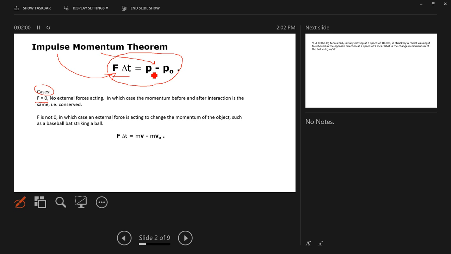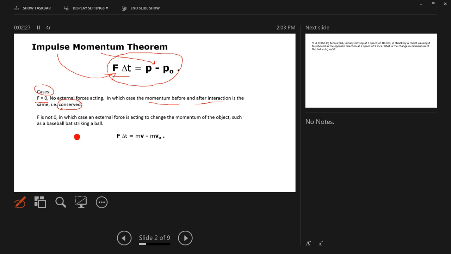In other words, the final momentum equals the original momentum. We're talking primarily about an interaction, perhaps two objects colliding together, so that the momentum before and after the interaction is the same. That's a conservation principle.